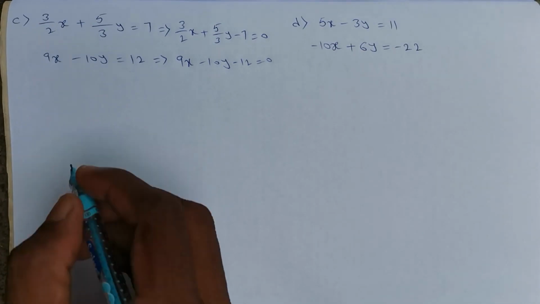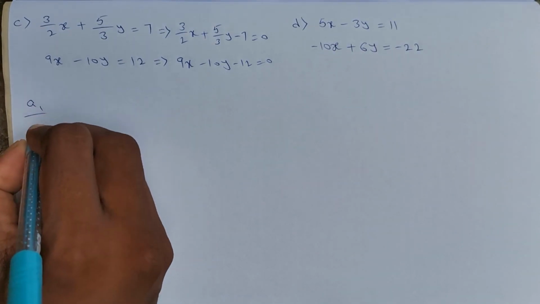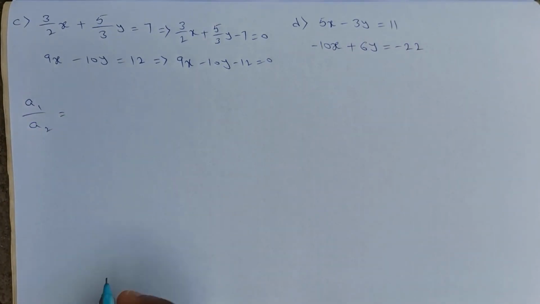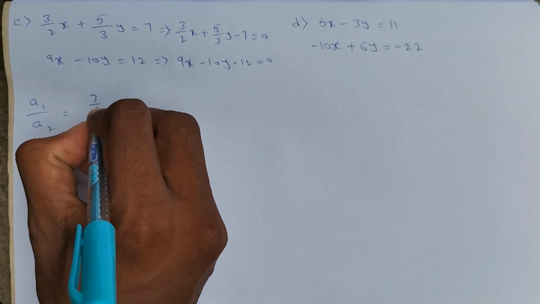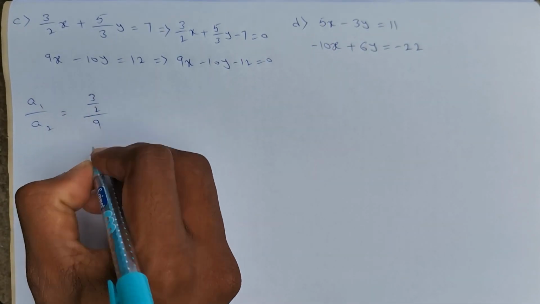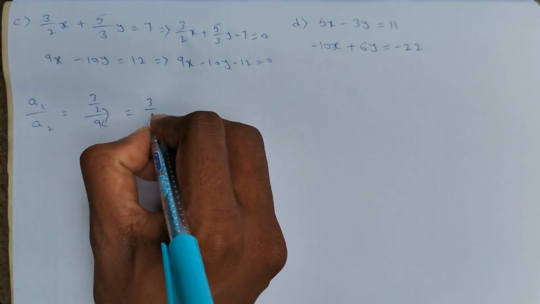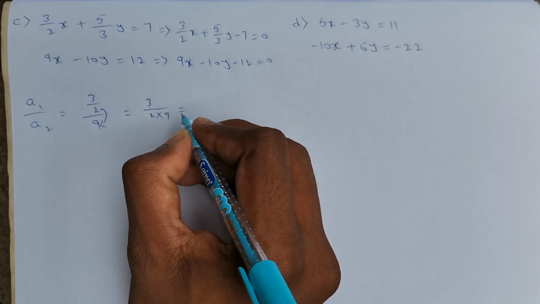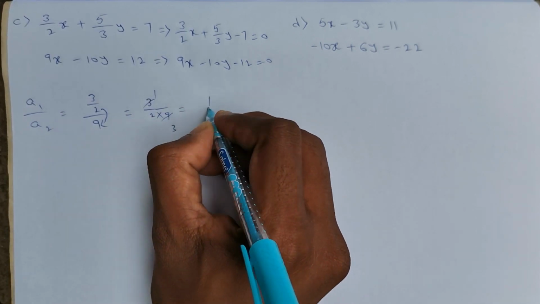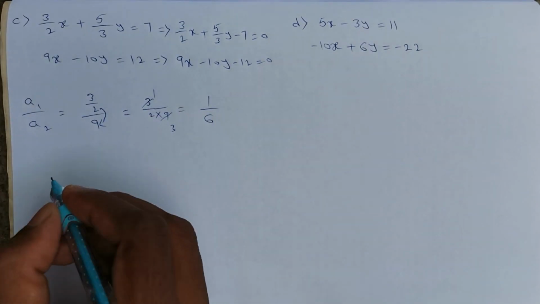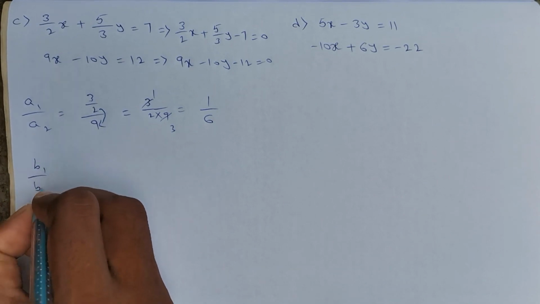So now let us compare. a1 by a2 is equal to, here a1 is 3/2 divided by a2 which is 9. Here 2 will come to the down, so it will be 3 by 2 into 9, which is nothing but 3 1s are 3, 3 3s are 9, so 1 by 6. Next let us check b1 by b2.